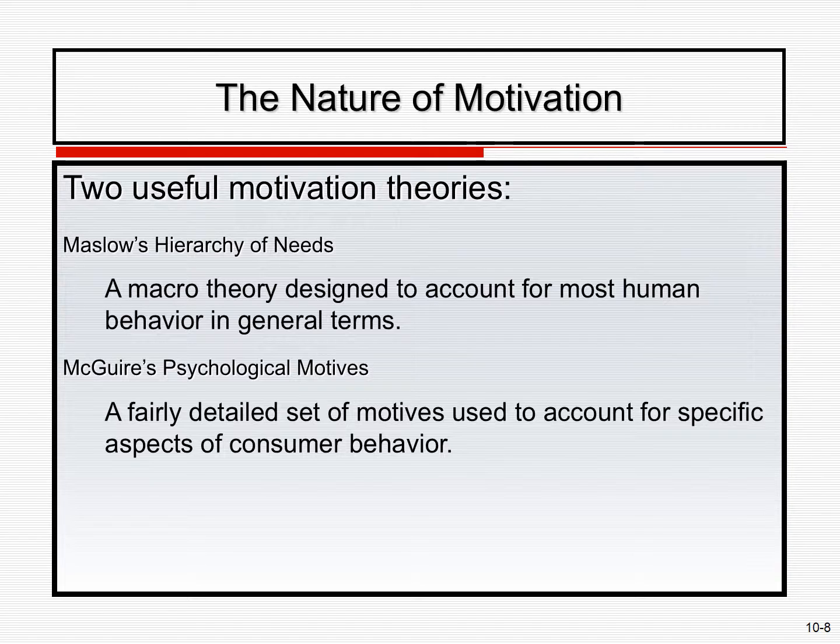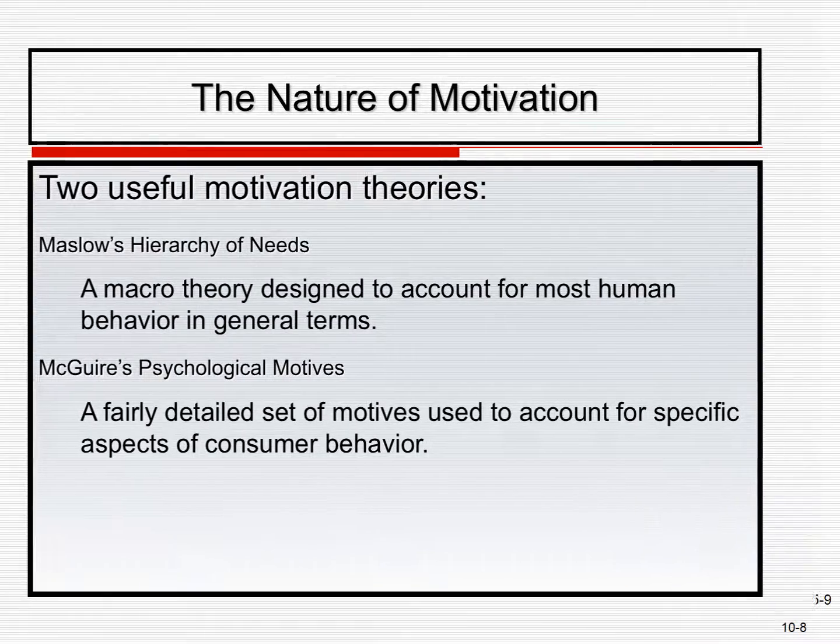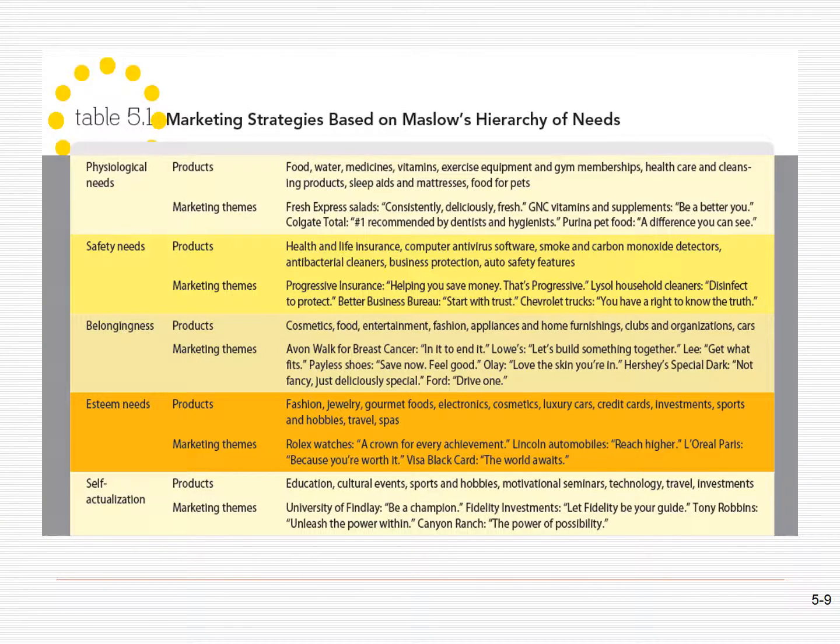When we talk about Maslow's hierarchy of needs, we're talking about a set of needs that are defined by, in addition to other things, the order in which those needs tend to be fulfilled. And let's take a look at that. I don't think this is exactly from the textbook, but it should be fairly similar.